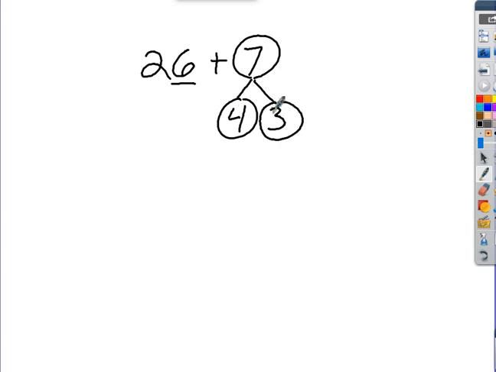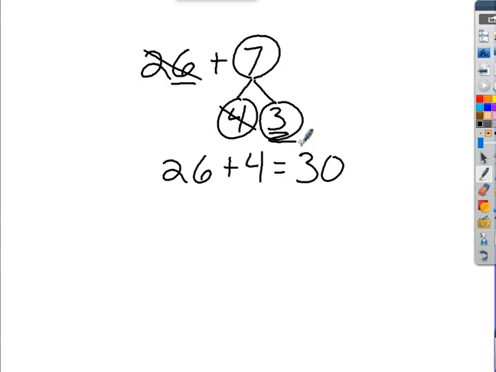We're now going to use our 26. We're going to add 4, and we get 30. We now have our 3 left over, so we do 30 plus 3 equals 33.